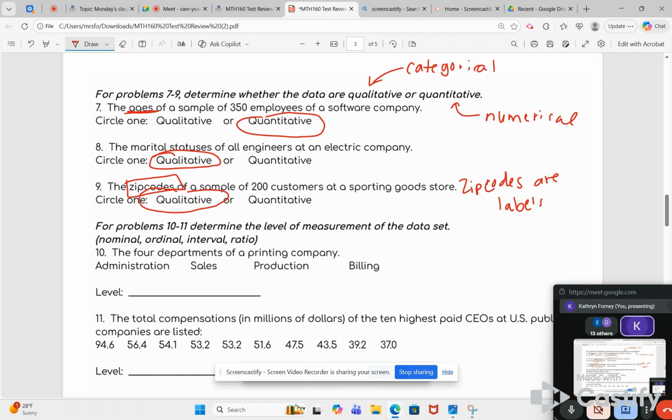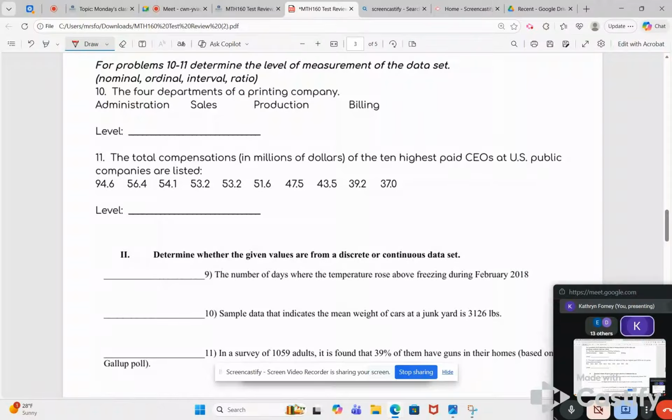Now, the next two ask for if it's nominal, ordinal, interval, or ratio. So we're going to answer these, but then we're also going to go back over what each one means. So nominal is a naming.